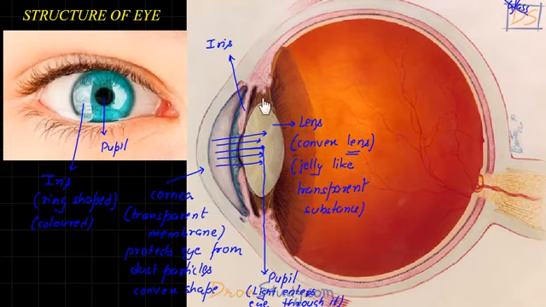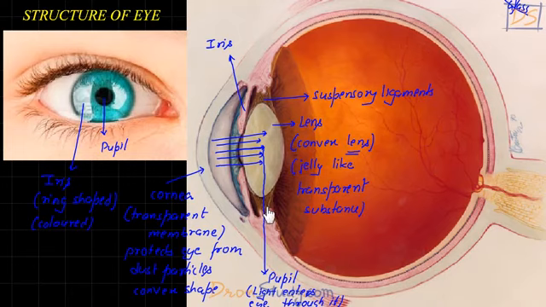Now look at this structure, students. This thing here is called suspensory ligaments. Why ligaments, students? Because this structure is two in number. You can see here as well. This is also a suspensory ligament, right? So these two are suspensory ligaments. Now what are they doing, students?